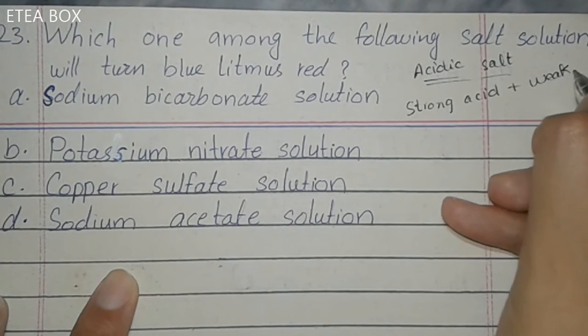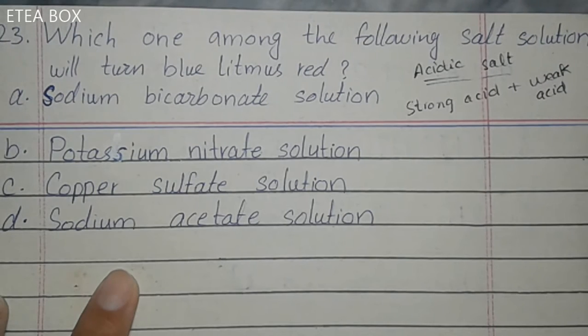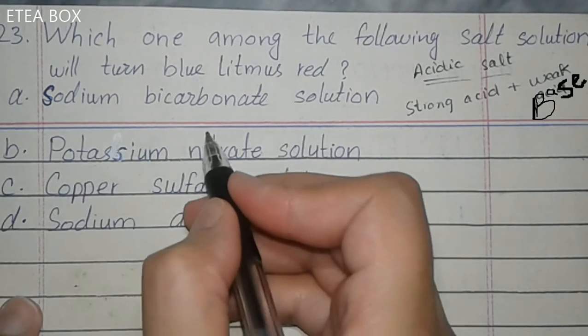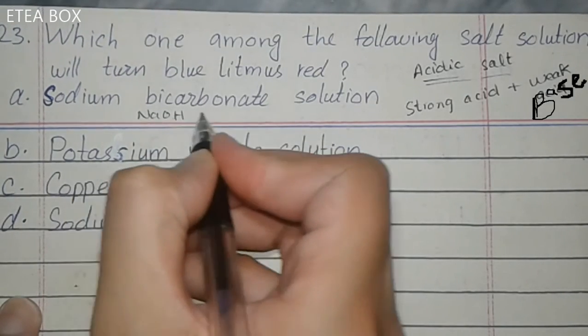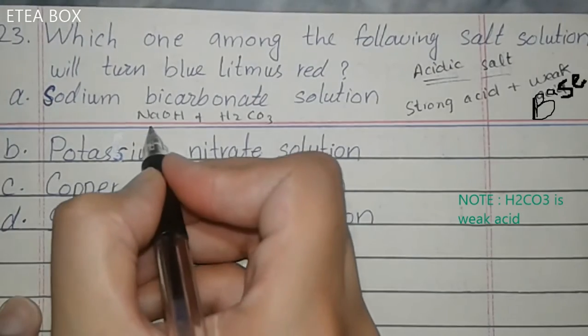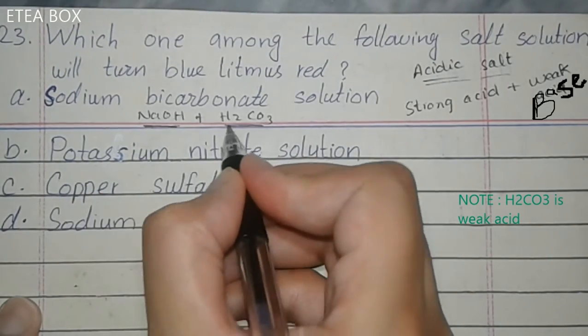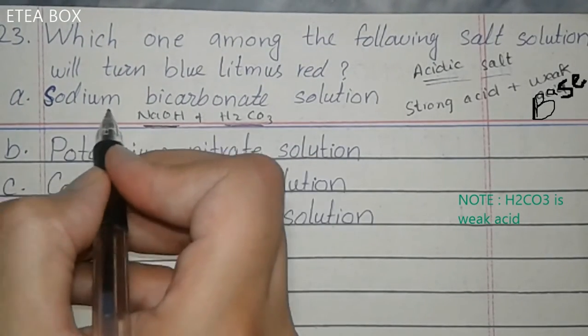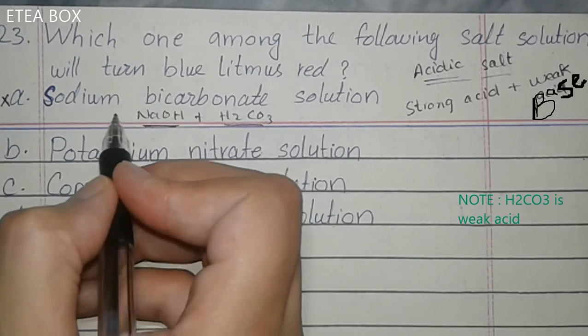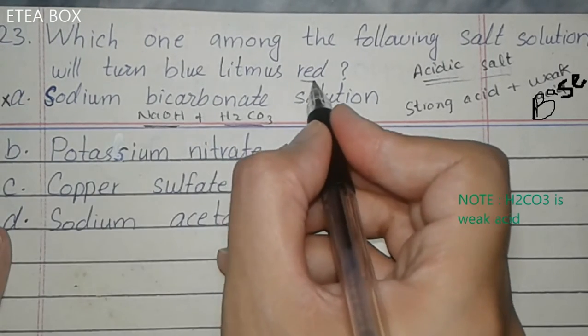Now look here, sodium bicarbonate is made up of NaOH plus H2CO3. This one is a strong base and this one is a weak acid. It means option A is incorrect because it is a basic salt, and a basic salt does not turn the litmus paper red.